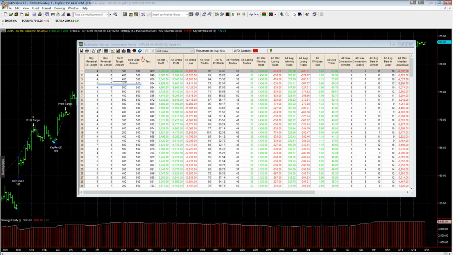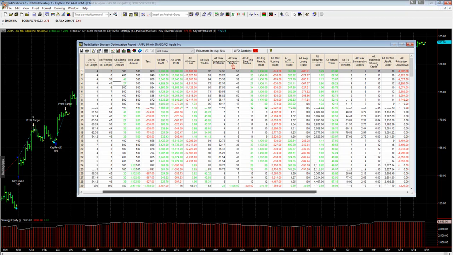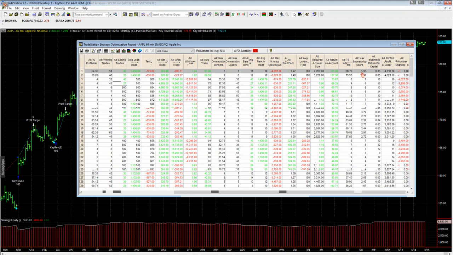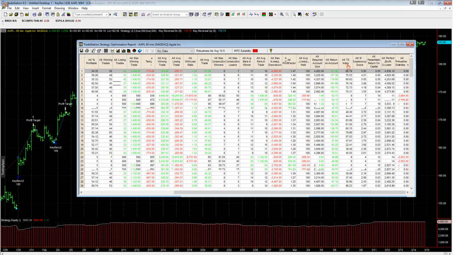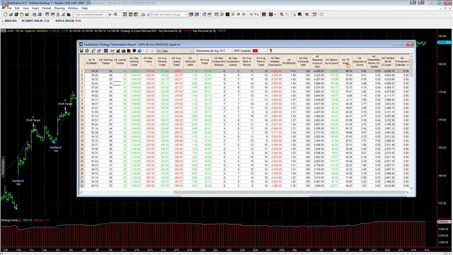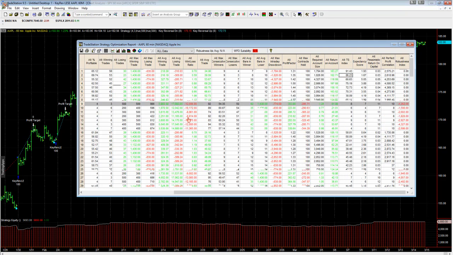And each of these columns are called fitness factors. And basically by sorting on any of them, you can immediately see which strategies are the best for the fitness factor that you care about. So here, for example, is the TS index. This is similar to the RINA index that we looked at in the performance report. If I sort on that, you can see that the best risk-reward ratio isn't the one that necessarily makes the most money.